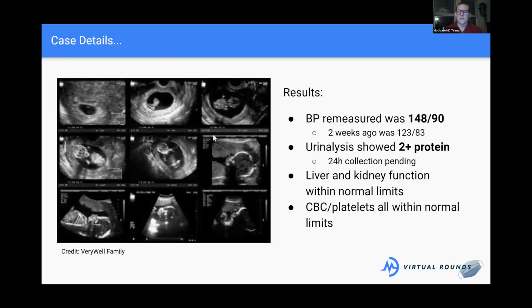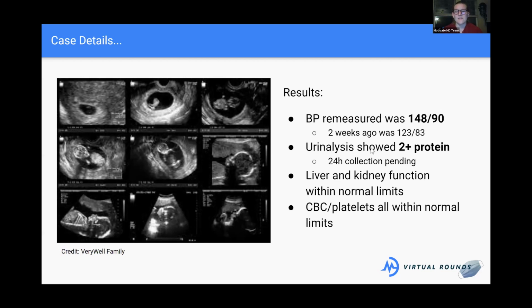So for our patient, we remeasured her blood pressure and we saw that she was still hypertensive at 148/90. Two weeks ago, it was 123/83, which was very close to normal, but still maybe a little elevated. So the fact that she's progressed to this point in 2 weeks is certainly concerning that she has a hypertensive pregnancy disorder.